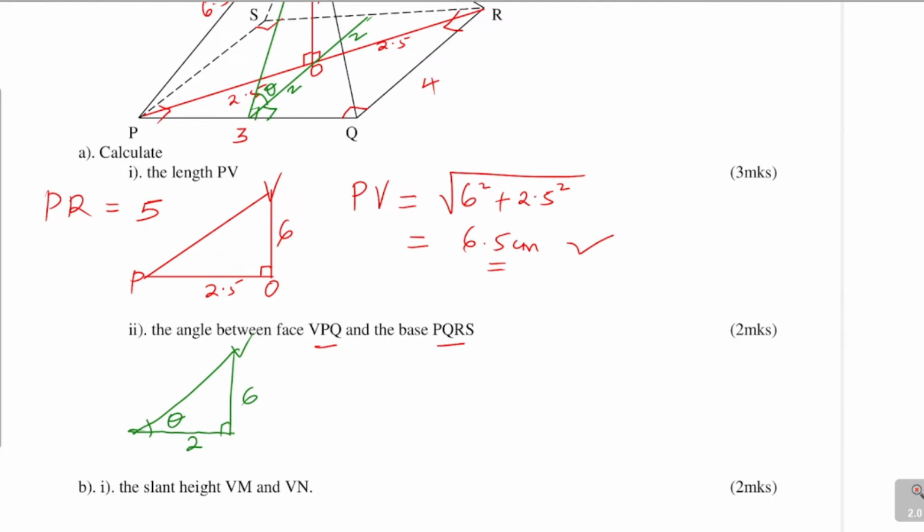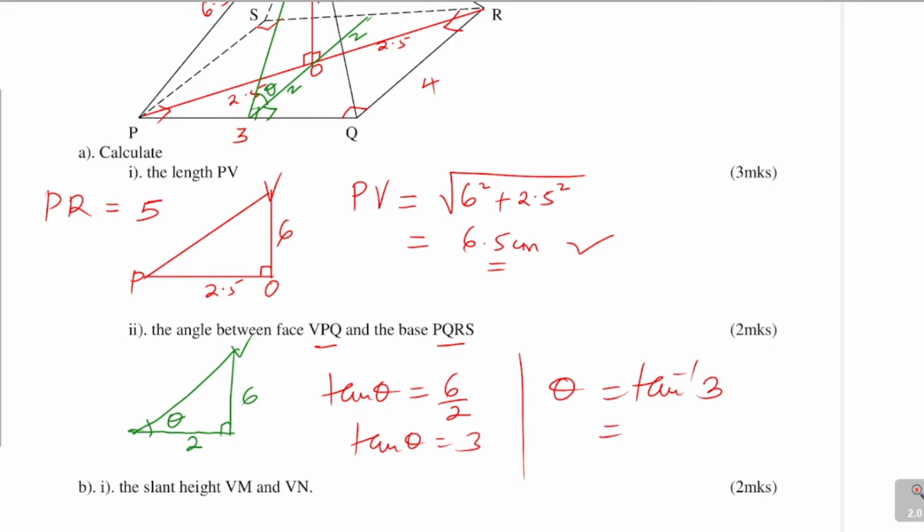So to get the angle, you can use tangent. Tangent will work very well. Tangent of angle theta will be opposite over adjacent. So tan theta is equal to 3, and theta will be the tan inverse of 3.